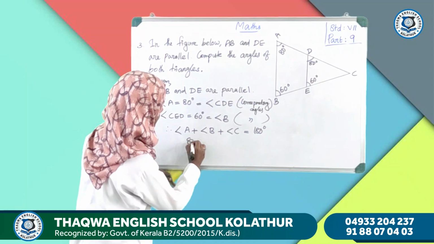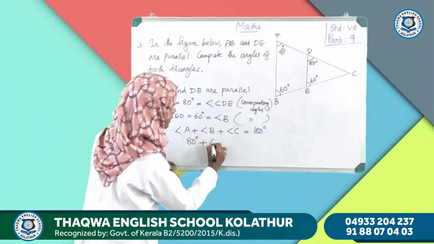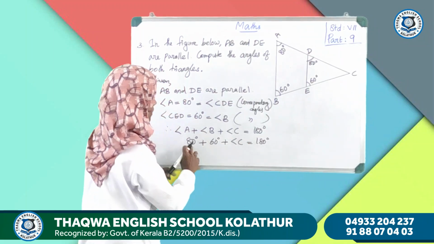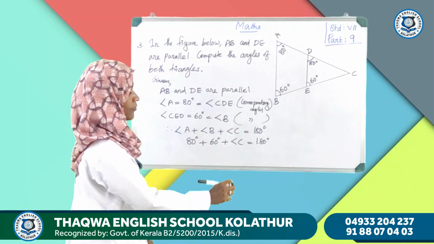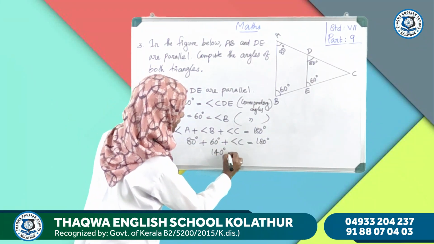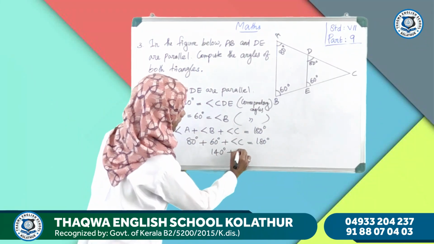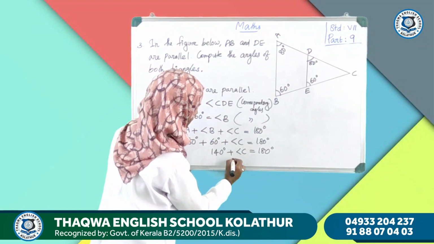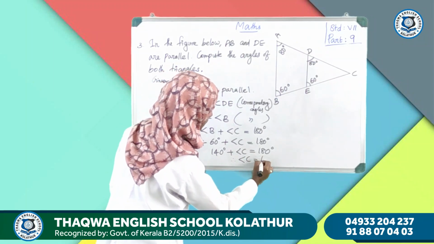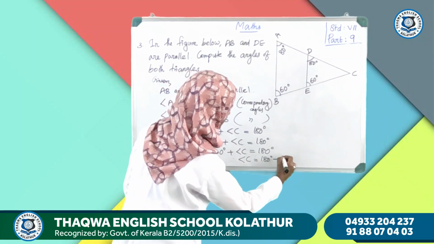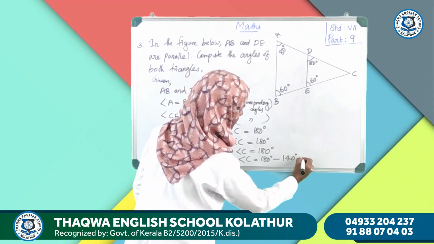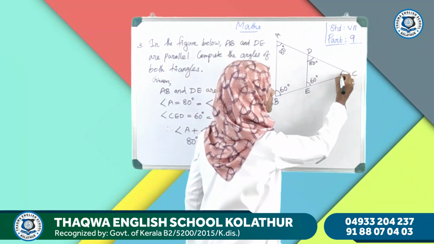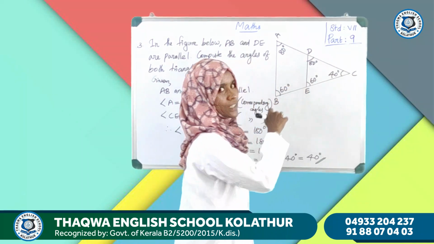Angle A 80 degrees, angle B 60 degrees. 80 plus 60 is 140, plus angle C equals 180. Therefore, angle C equals 180 minus 140, that is 40 degrees. So angle C is 40 degrees.